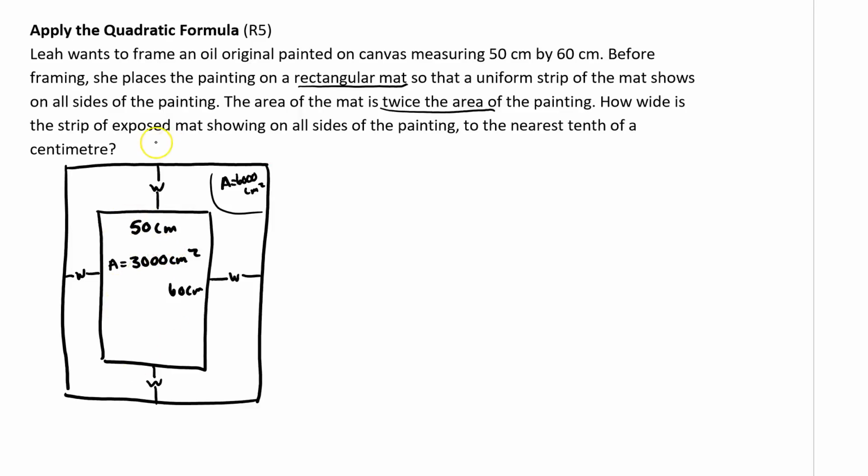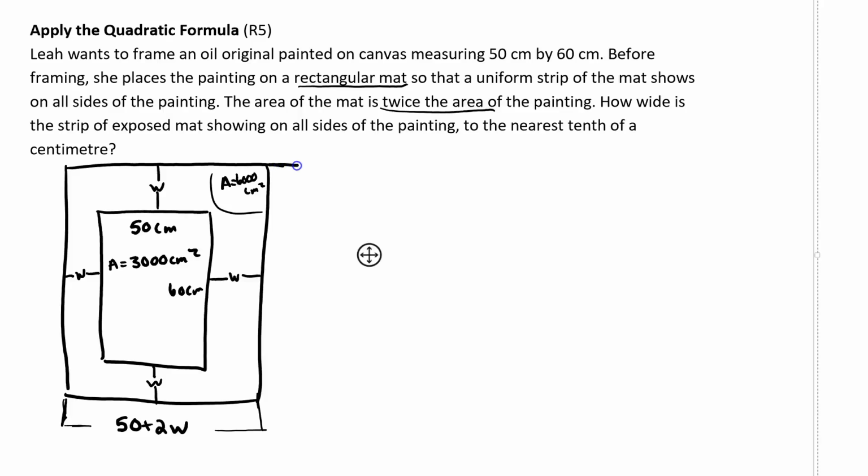Now if I am to create a dimension here using just my widths and the information I have already, I'm going to say that the length from here to here is W plus 50 plus W. So that's just 50 plus 2W.